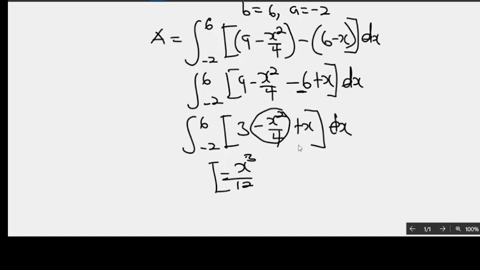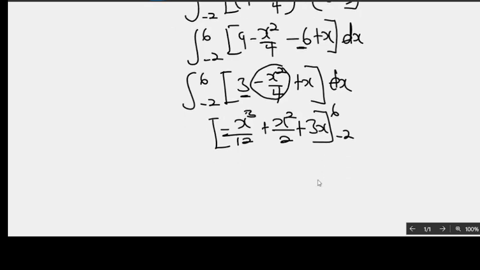Then we are going to have x squared on 2 plus 3x for this one, evaluated from negative 2 to 6. Now let's substitute the upper limit and the lower limit into the function here. So we are going to have negative 6 cubed on 12 plus 6 squared on 2 plus 3 times 6.